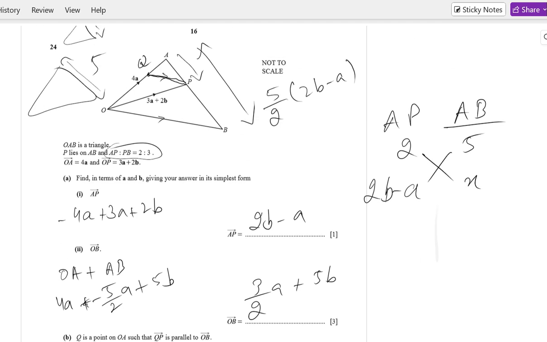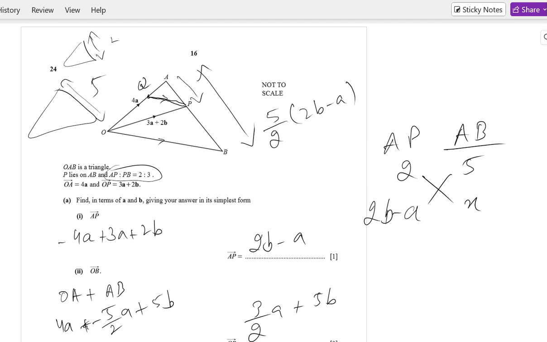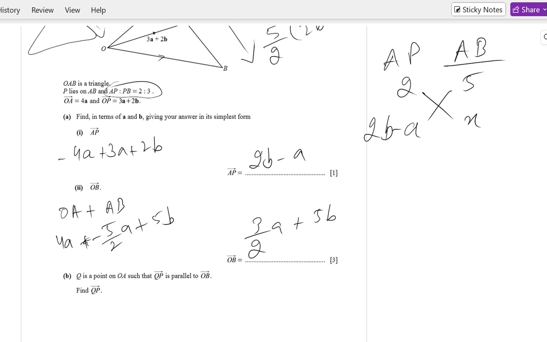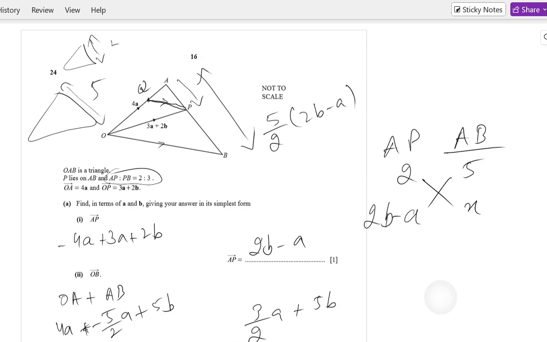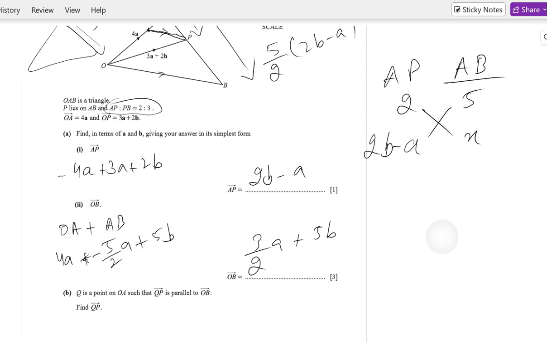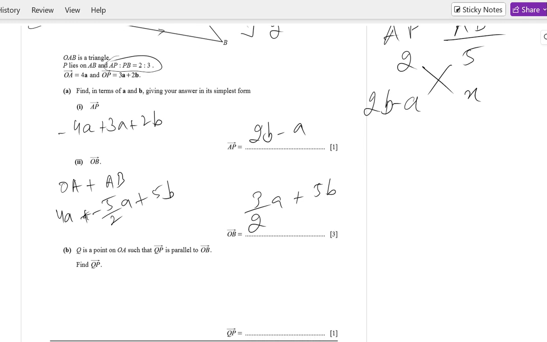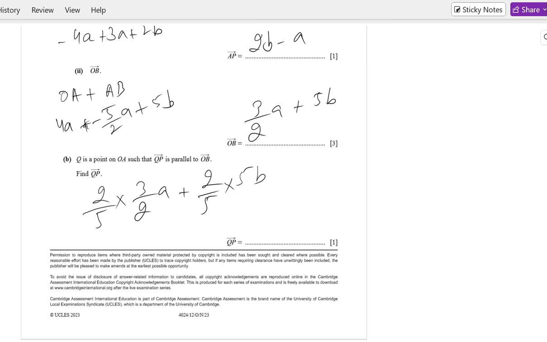So find QP. If my OB is this, your QP should be 2 by 5 of your OB. Your QP should be 2/5 of your OB. And it should be then 3 by 5A plus 2B. Thank you.